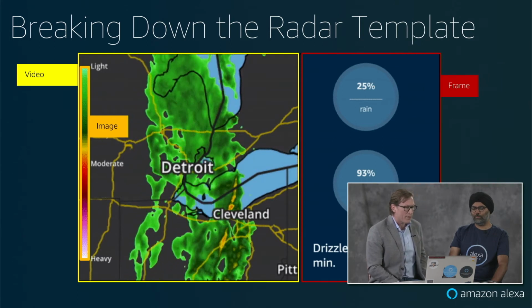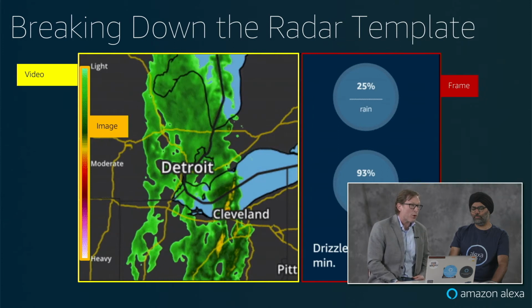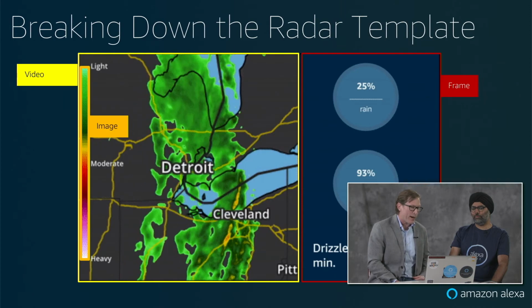APL also comes natively with a component called frames. Frames are really important for APL because unlike other APL components, frames can take background colors and transparencies. So you can use them to divide up the visual landscape of the skill.